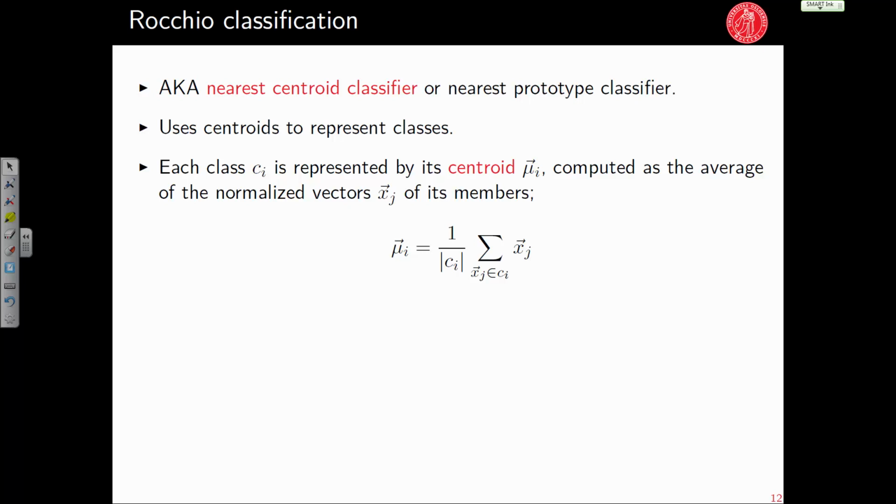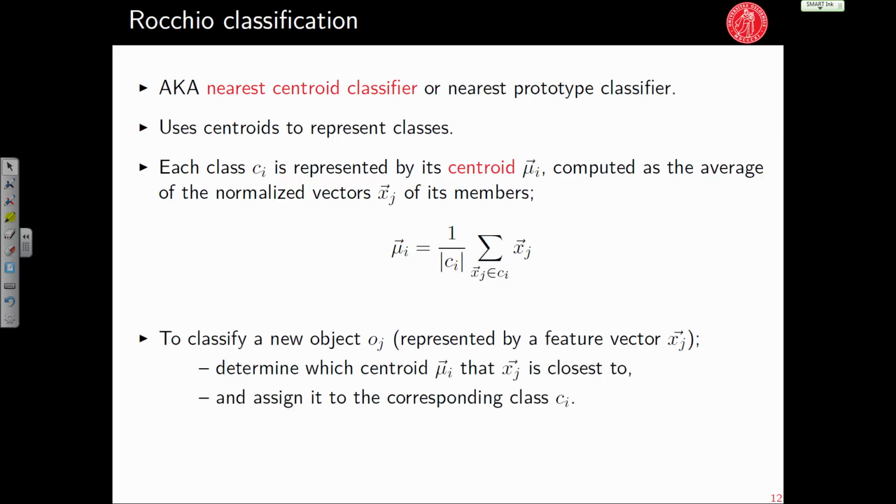So it's as simple as computing centroids for each class. Given a set of training examples belonging to n classes, the Rocchio algorithm will compute n centroids and represent each of these classes by its centroid.